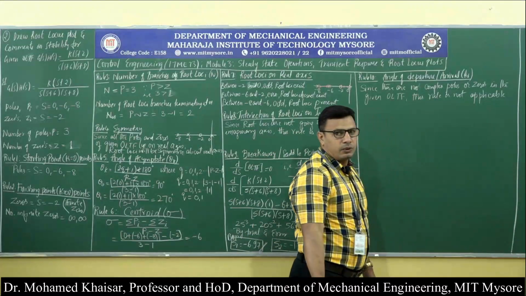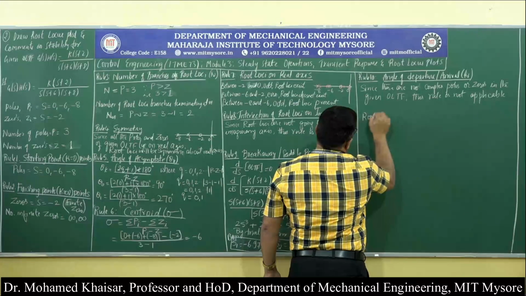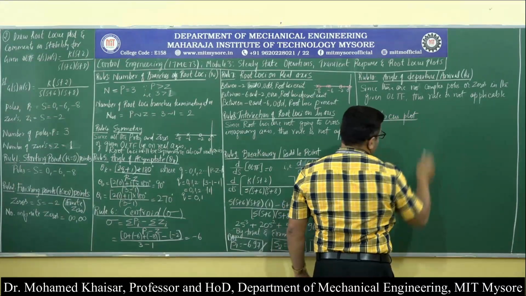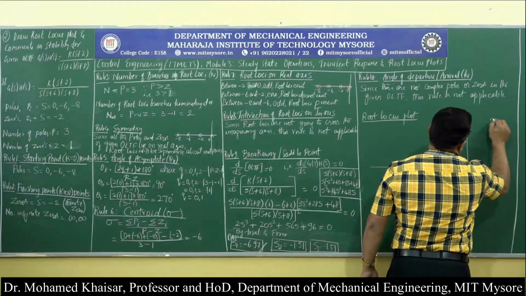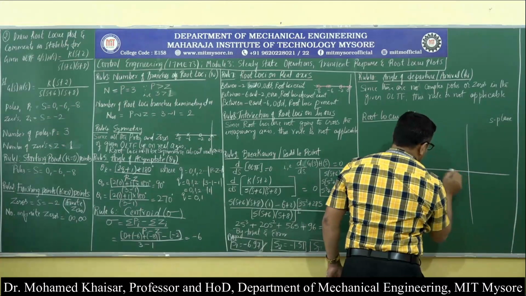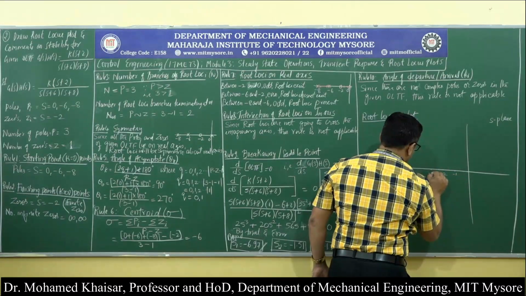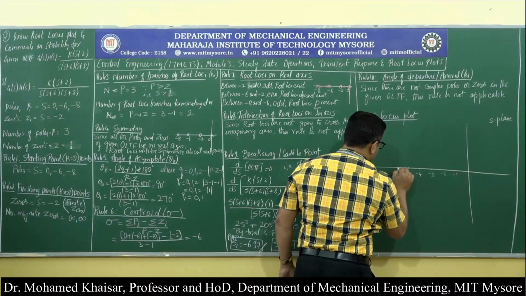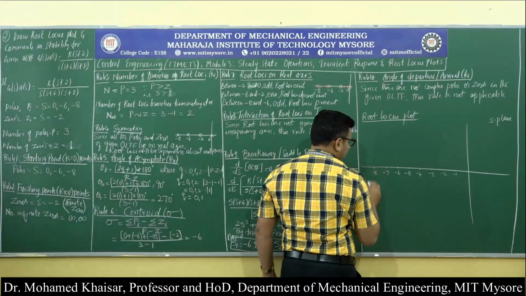So all the 10 rules are done now. We will try to draw the root locus plot here. It has to be drawn in a graph sheet, mind it. This is the S plane. What we will do: 1, minus 1, minus 2, minus 3, minus 4, minus 5, minus 6, minus 7, minus 8.